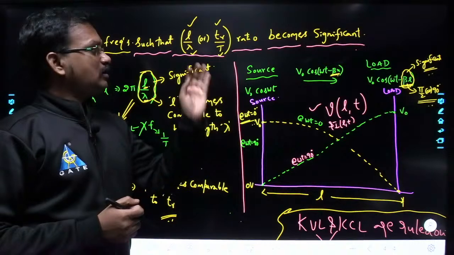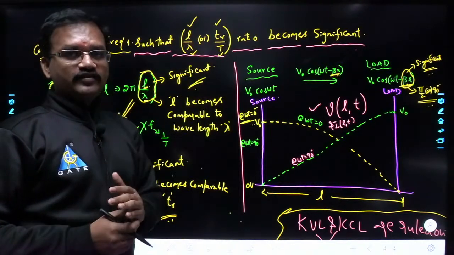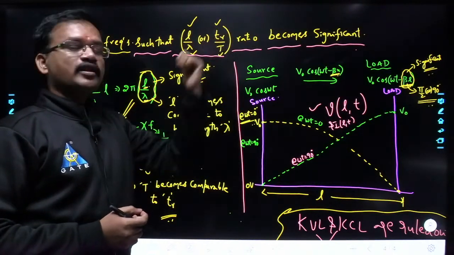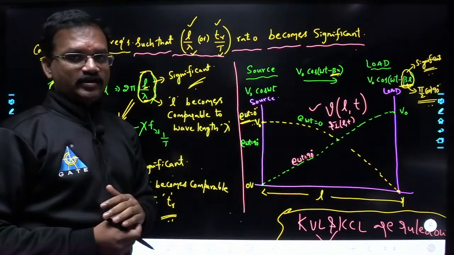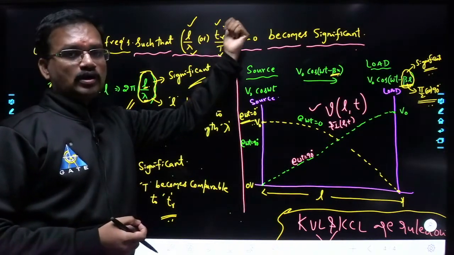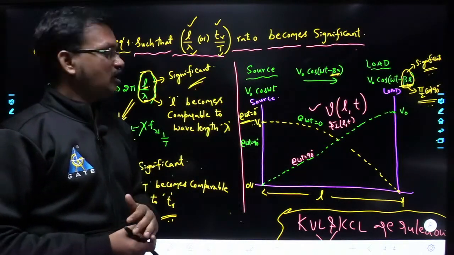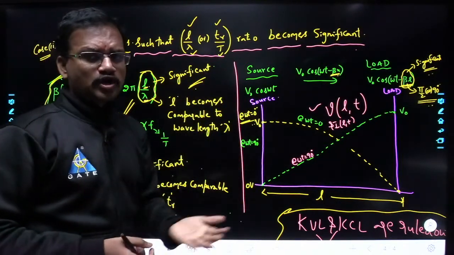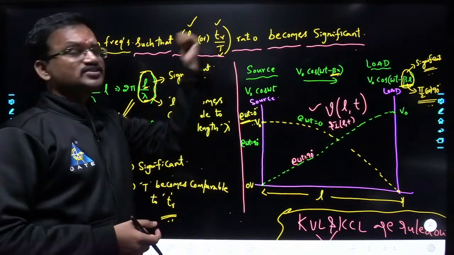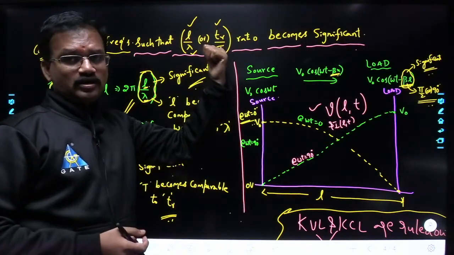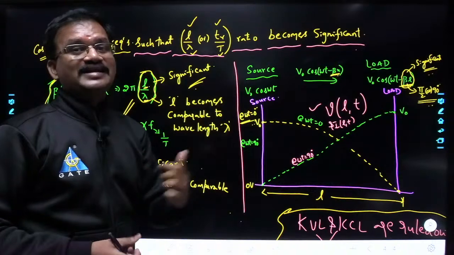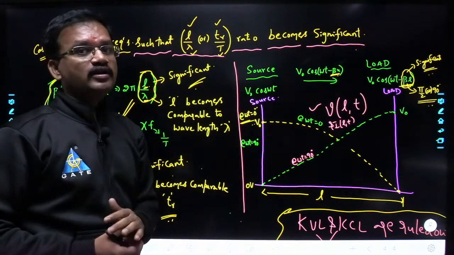Once we go to high frequencies such that the TR by T ratio becomes significant, that means TR becomes comparable to the time period of the signal. Now in this case, you should not ignore this TR. You should not ignore the transit time effects.